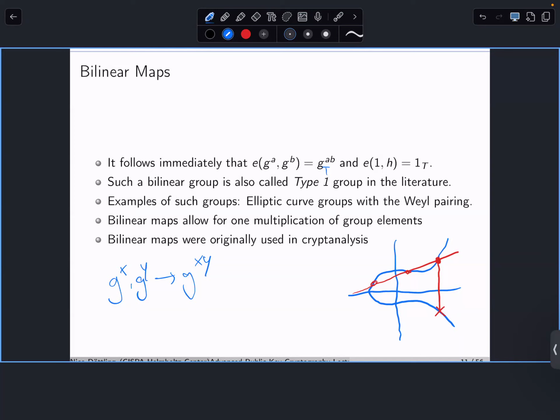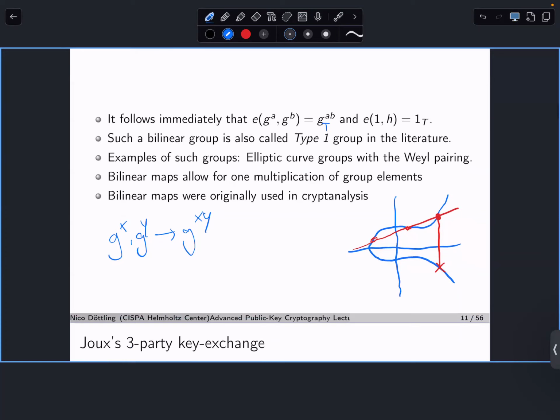How would we do this? Let's say we have a group G, and we have a pairing defined on this group. Now we get a tuple g, g to the x, g to the y, g to the xy. How are we going to distinguish the last one from uniform?